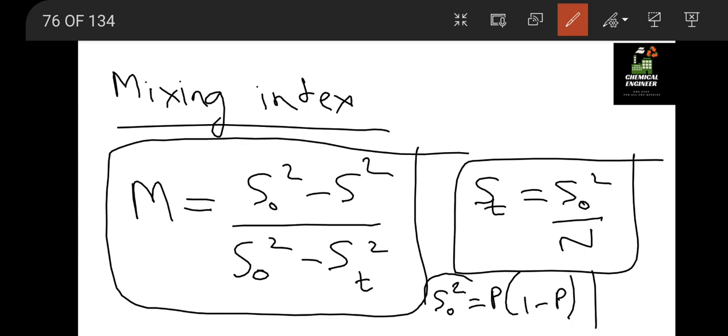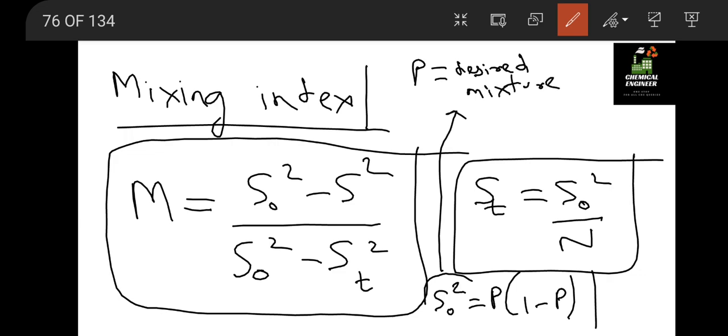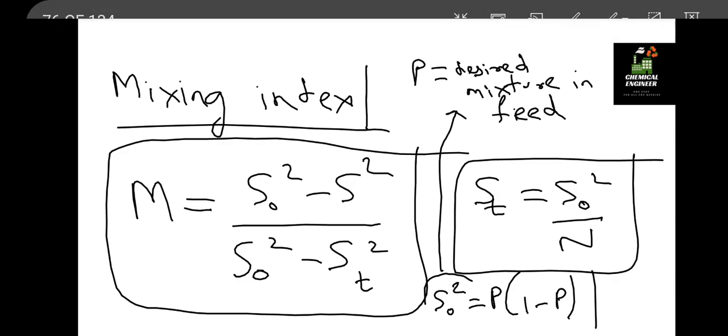Here p is the desired mixture in the feed, or the amount of mixing already done in the feed. So p is generally known as the product which is already present in the feed. Okay, so this is all about the formulas for mixing and agitation.